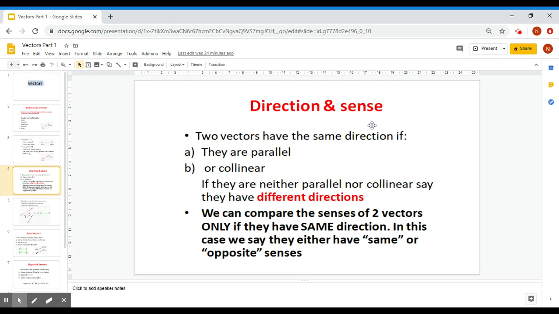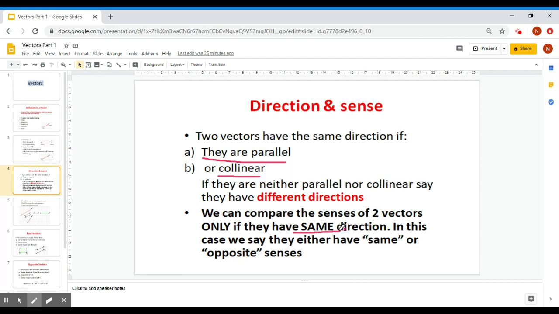Now, what is direction, what is sense? So we said before what is direction and what is sense. Now, if we have two vectors that have the same direction, what does it mean? Same direction means they are either parallel or collinear. When we have the same direction, we can compare the senses, okay?